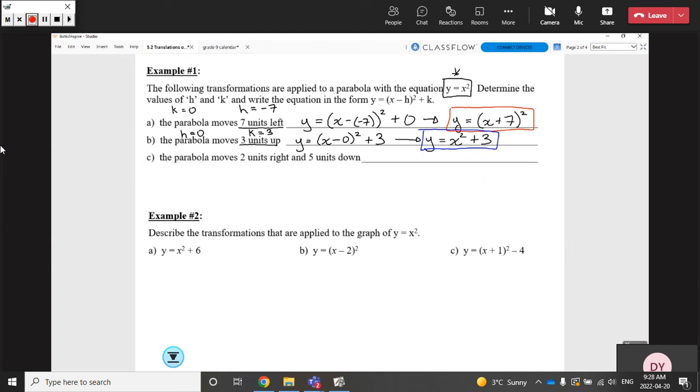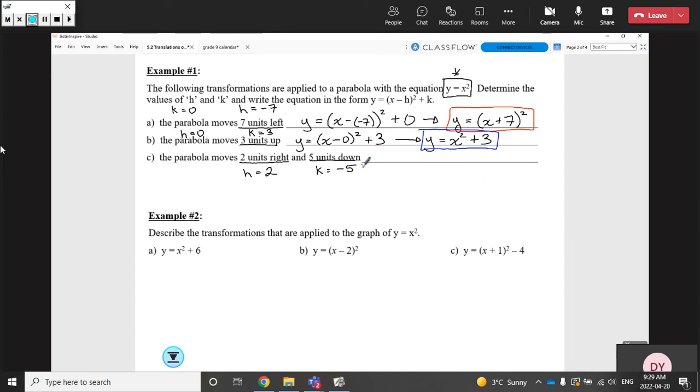Now, we're going to kind of combine this. We're going to say, all right, this is more where we're headed with translations and transformations. How about this one? The parabola moves 2 units right. Well, okay. So we'll say h is 2, and then 5 units down. That means k is -5 because it went down.